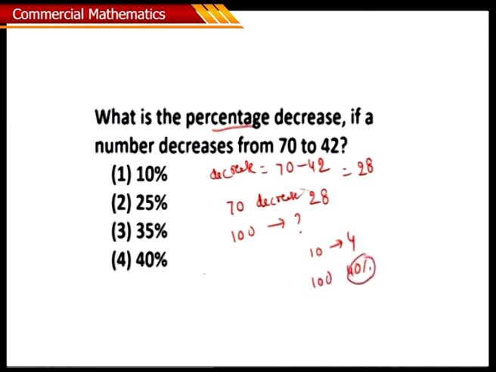Or you can do it like this also. 28 into 100 upon 70. So 7 here 4 times. So 4 into 10, 40%. This is the way in which you can solve this. So first simply calculate the decrease.